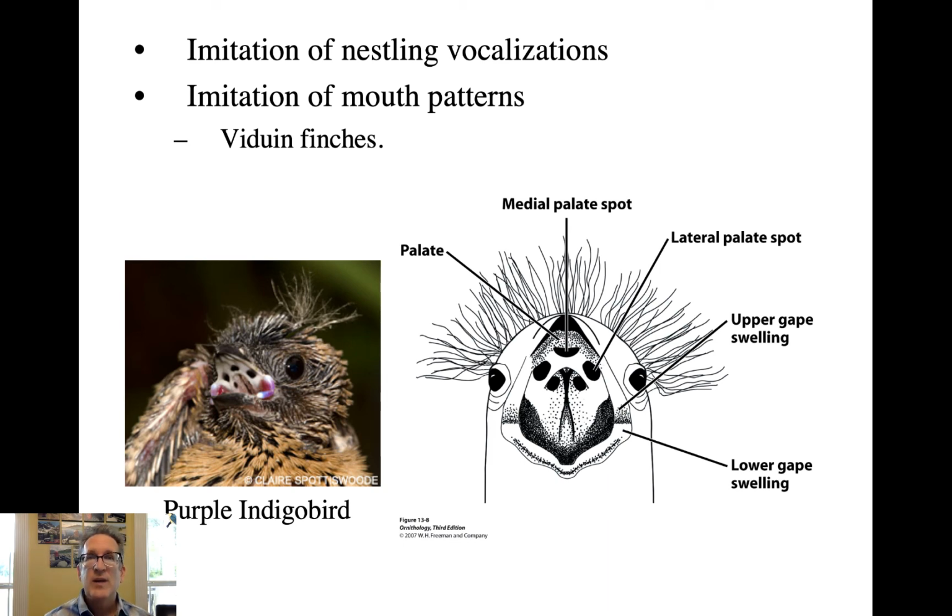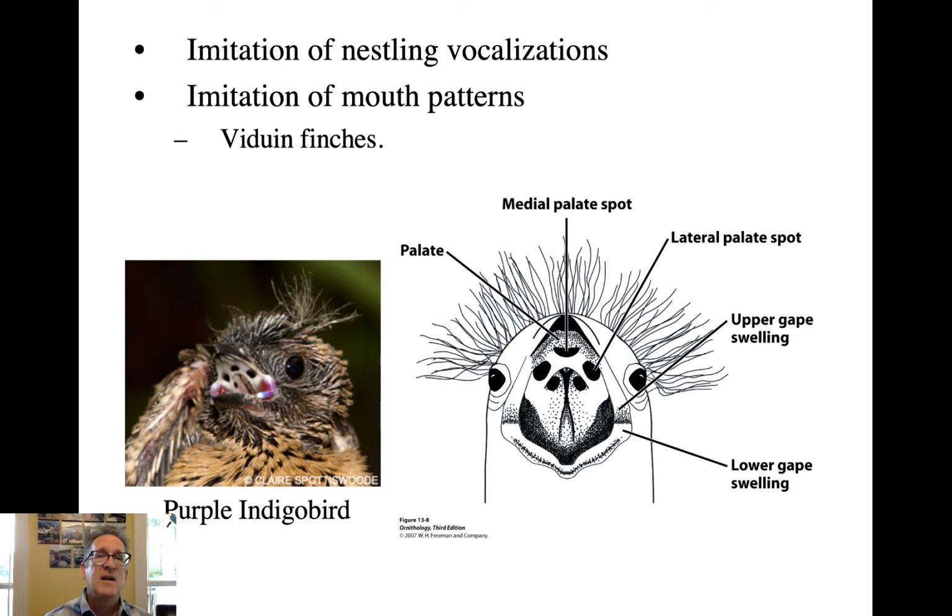But to increase the feeding rate of the parents, they do some other ingenious things like imitate the nestling vocalizations of the host to increase the feeding rate. And in some cases, with some species of cuckoos, a single nestling can make it sound like they're an entire brood of the host species to increase the parent's feeding rate.